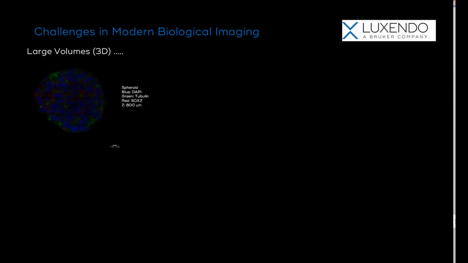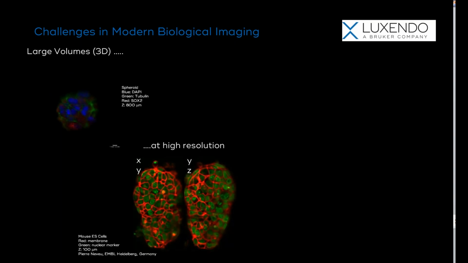And these provide a particularly unique challenge with regards to imaging. Not only do we have to acquire large volumes of 3D data, as shown in this video that's playing right now, but we have to do this at very high spatial resolution in order to see the details of the sample that we want to.